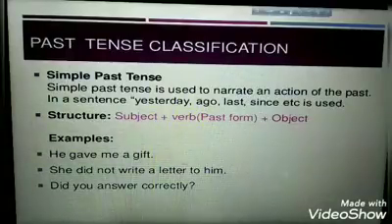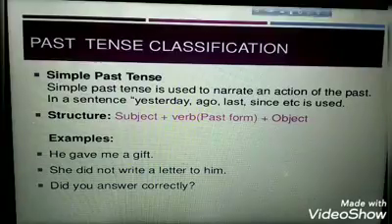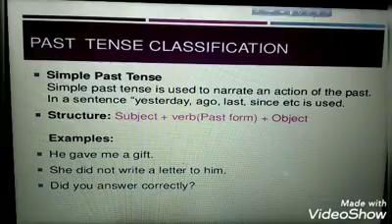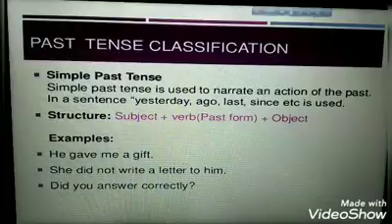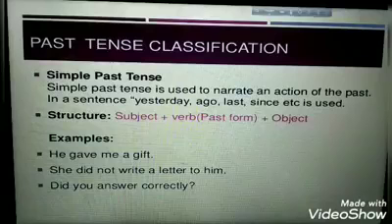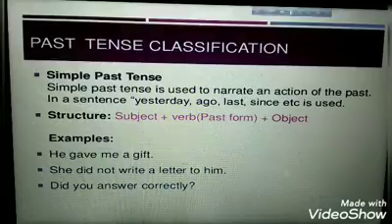For analyzing this, the given examples: He gave me a gift. Here see the form of the verb, gave. This is past form. And the next one, he did not write a letter to him. Did you answer correctly? So all these are examples of past indefinite tense or simple past tense.